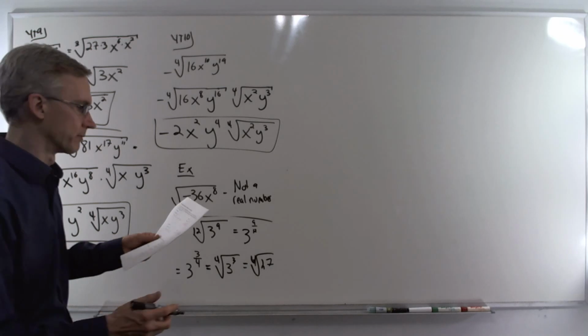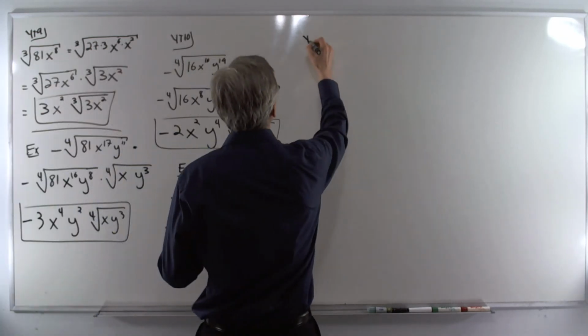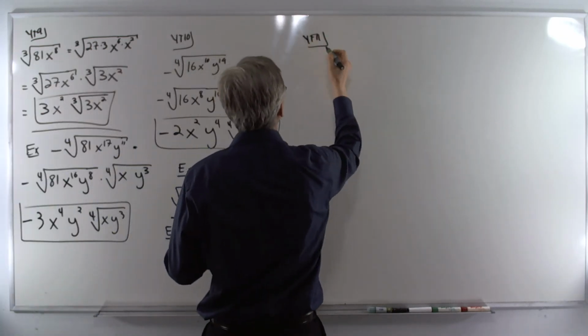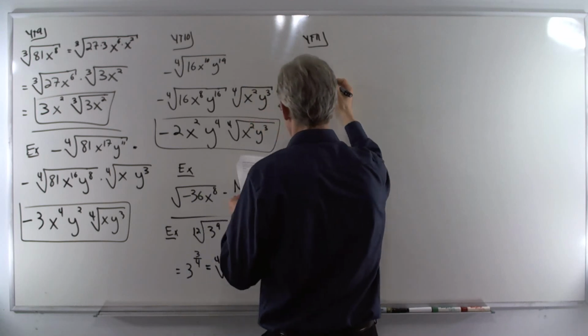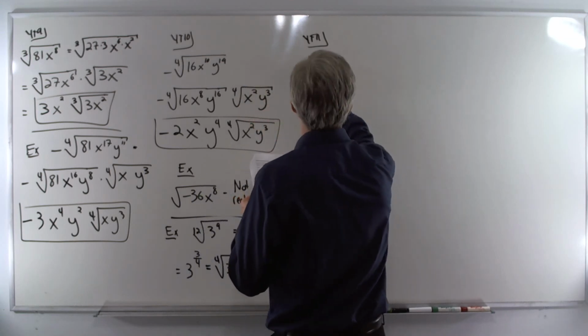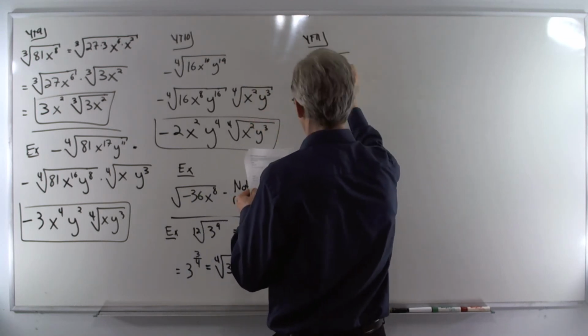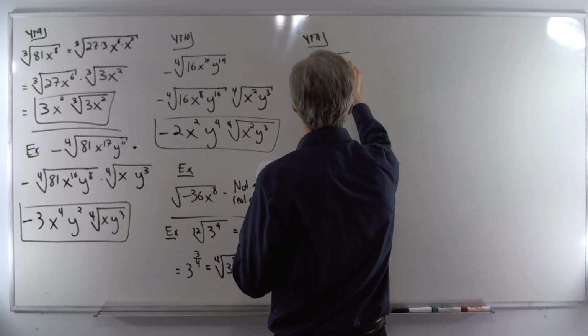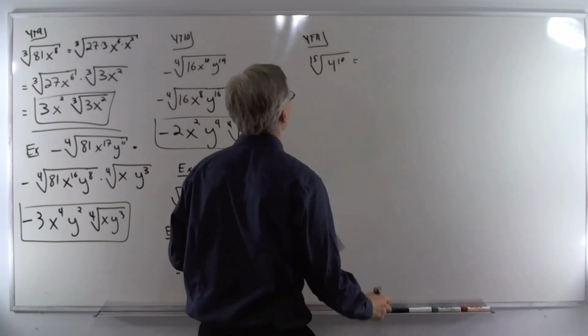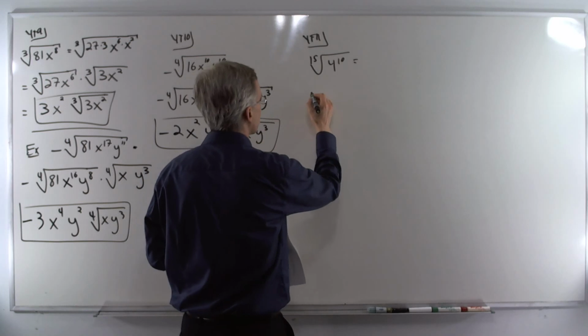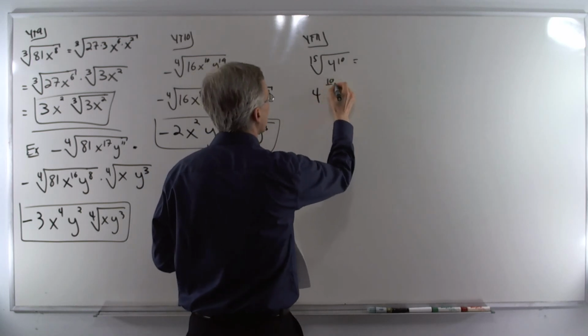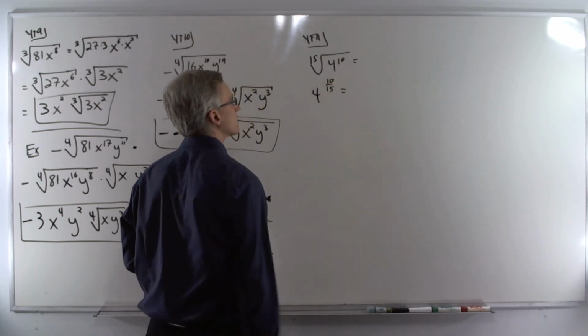Your turn, number 11. You've got the 15th root of 4 to the 10th power. So converting to rational exponent form, that is 4 to the 10/15.